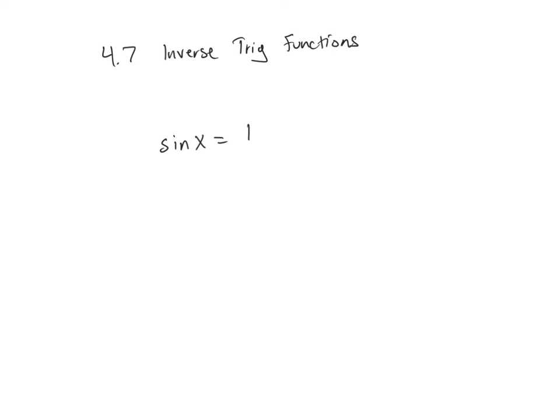Well, to do that, I take my inverse, or my arcsine, of 1. So you take the arcsine of sine of x, arcsine of 1, and then that will give you the degree.